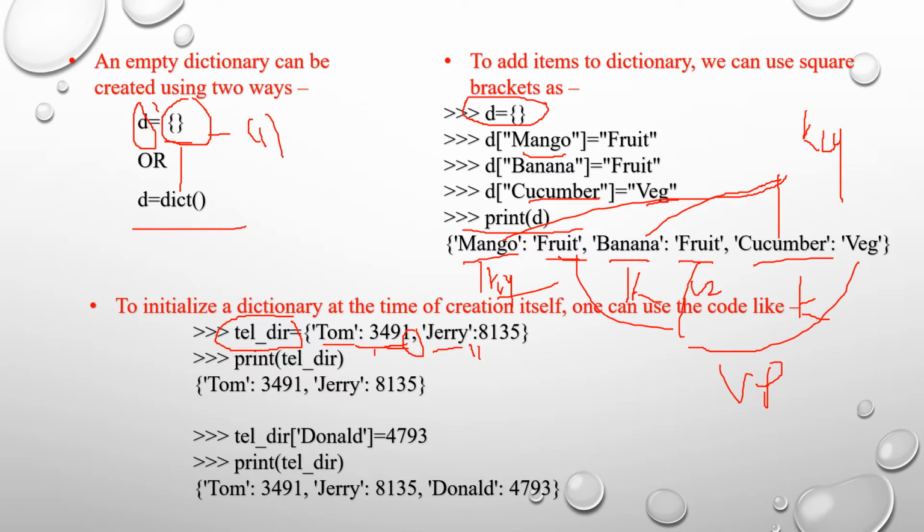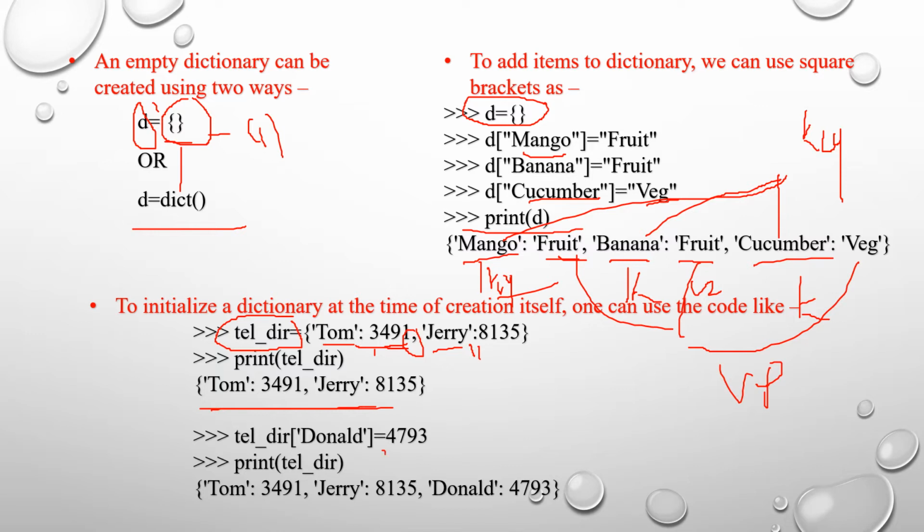If you print tel underscore dir, the Python interpreter will print Tom 3491 and Jerry 8135. So this is the dictionary I named tel underscore dir. If you want to add a new item to the existing dictionary, we can use square braces. Here I call tel underscore dir, and within the square braces and quotes I specify the key Donald and the value 4793, using the assignment operator.